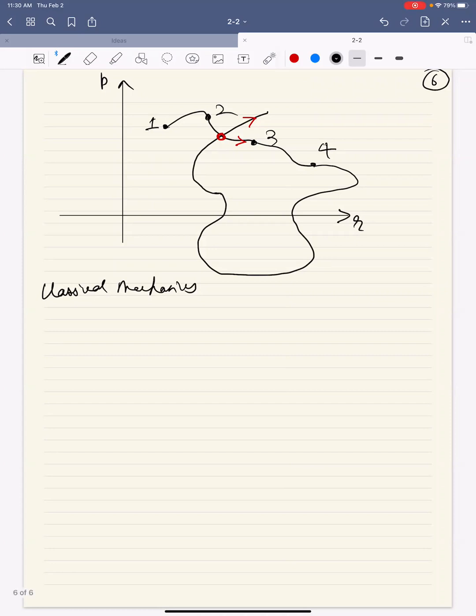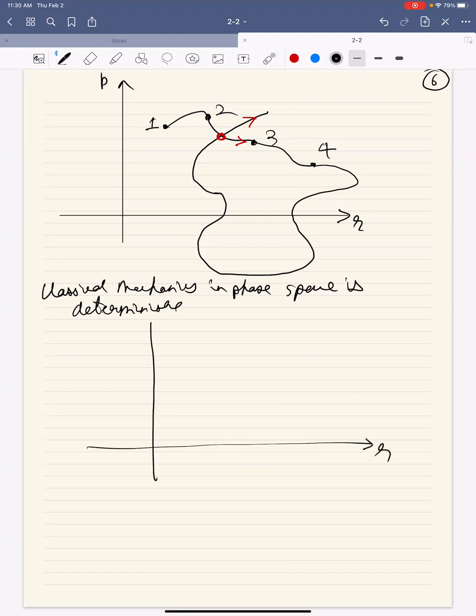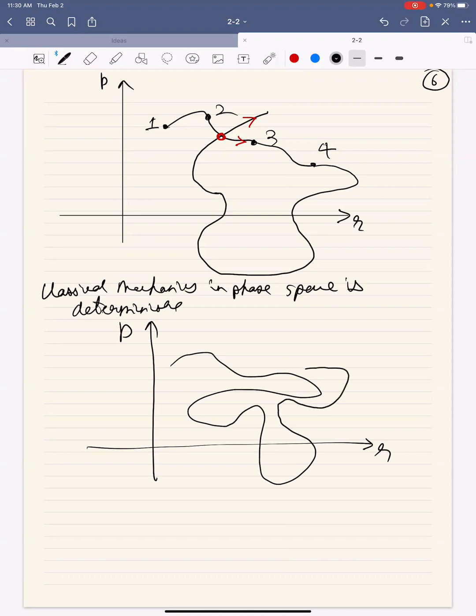So classical mechanics in phase space is deterministic, which means that a trajectory that starts, it could come infinitely close. And in fact, if you observe this system long enough, it will come infinitely close.